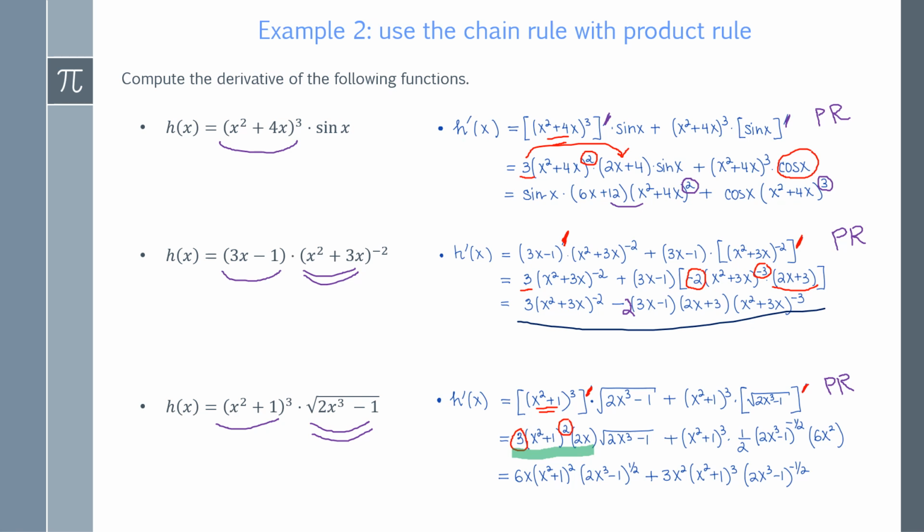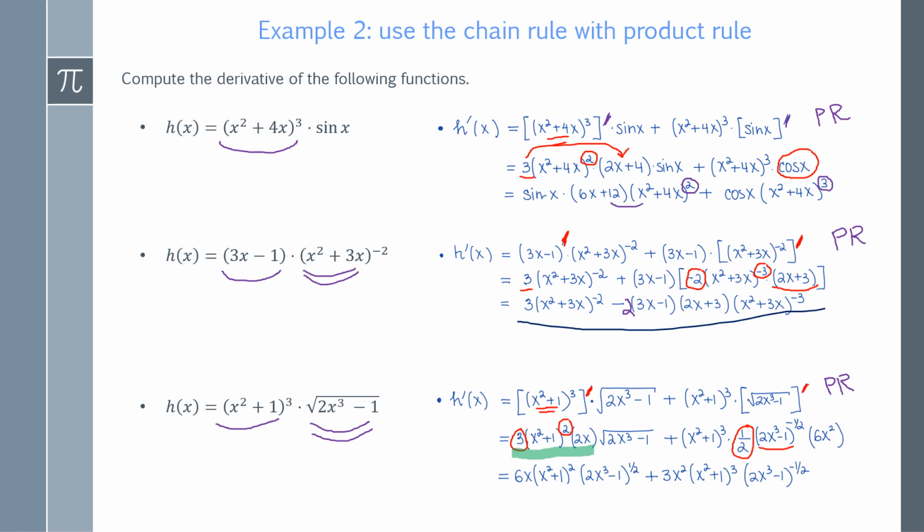Okay, so that's that. And then over here, what is the derivative of the square root of 2x cubed minus 1? That would be 1/2 times (2x cubed minus 1) raised to the negative 1/2. Where does that come from? That would be 1/2 minus 1, right? That's the power rule.